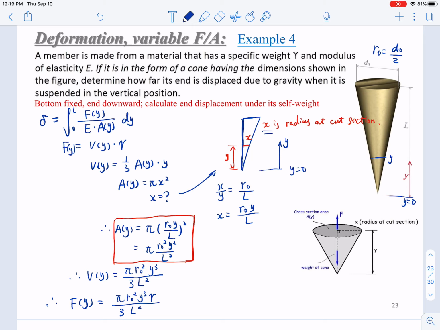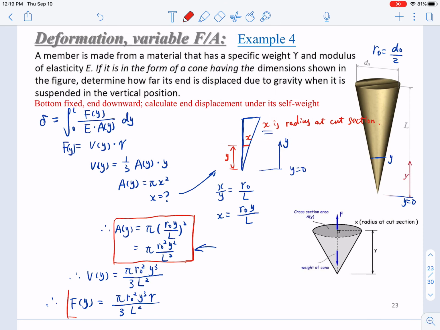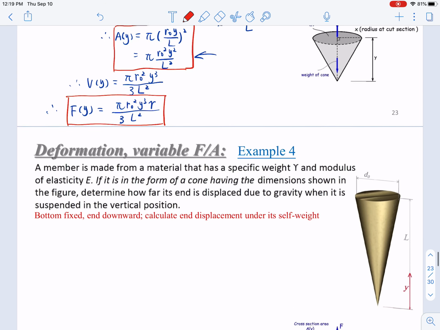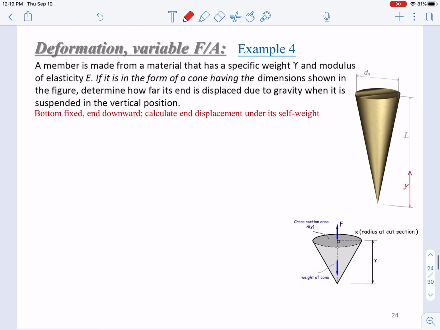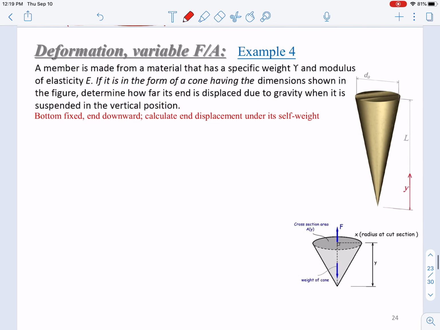Ay has actually been solved already. So we already have Fy and Ay, and we can go back to the initial equation and substitute this Fy and Ay into it.